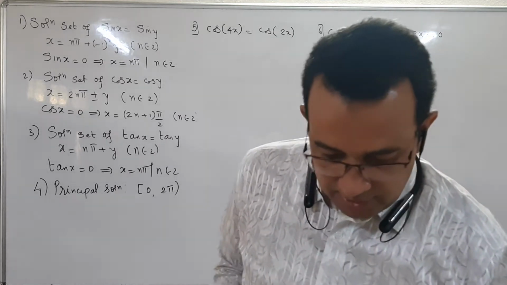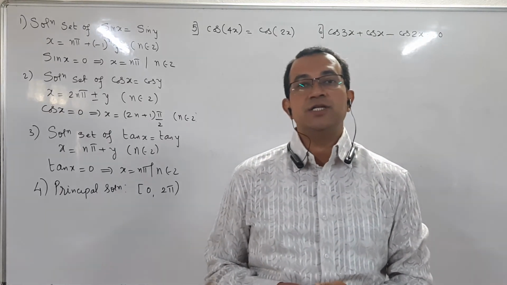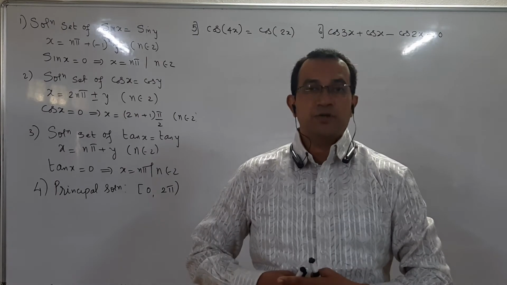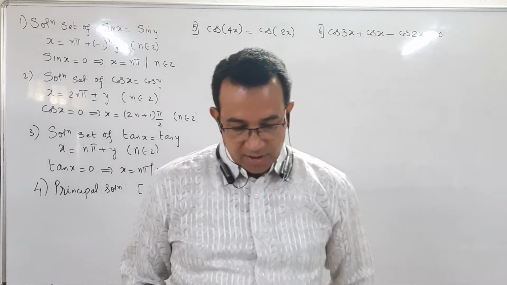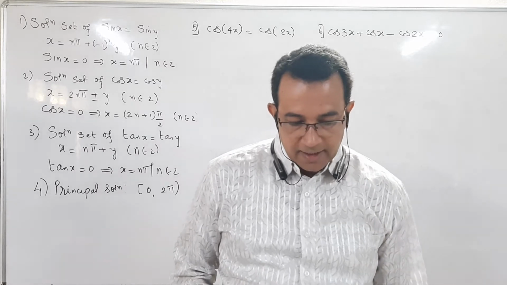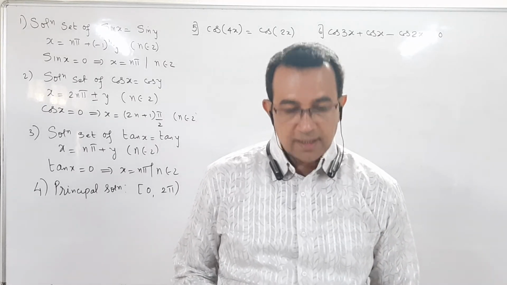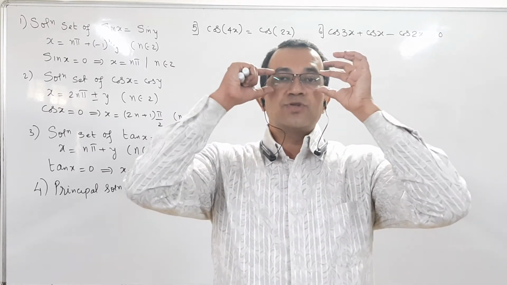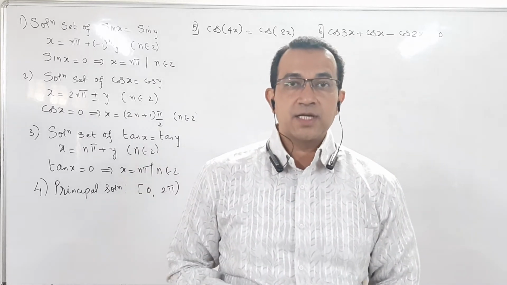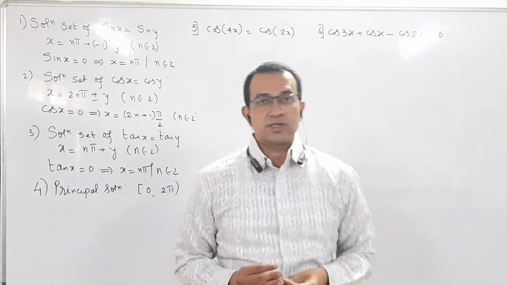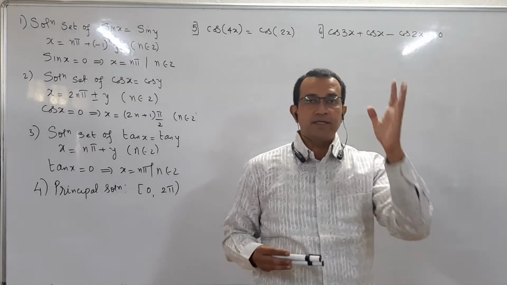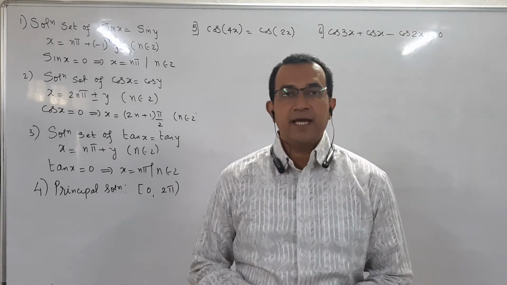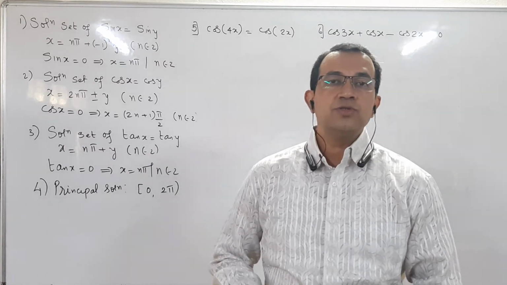The condition and instruction is that we have to only find the GS, general solution. Students, the common instruction given is that we have to find the general solution, means only GS. General solution is the solution, students, which is always involving n, where n belongs to Z.